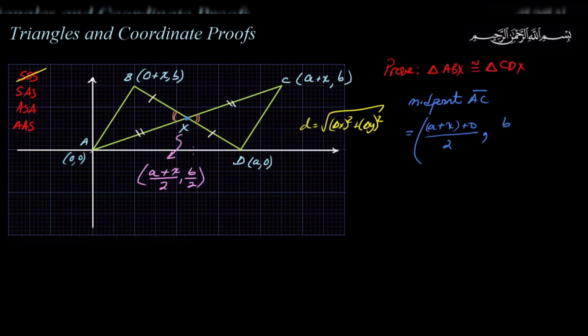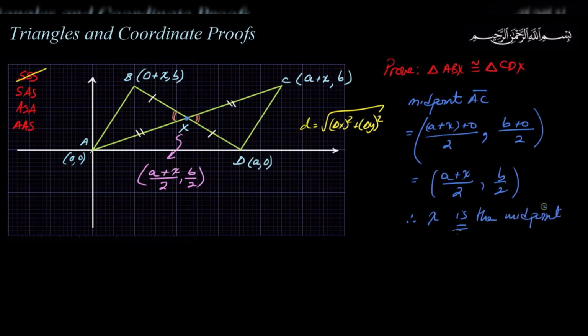So b and y is conveniently 0, so I love that because A is at the origin, right? So divided by 2. So the midpoint of AC is simply A plus x over 2 and b over 2. Ta-da! So we know that, in fact, X is the midpoint. So we established that X is the midpoint of AC.